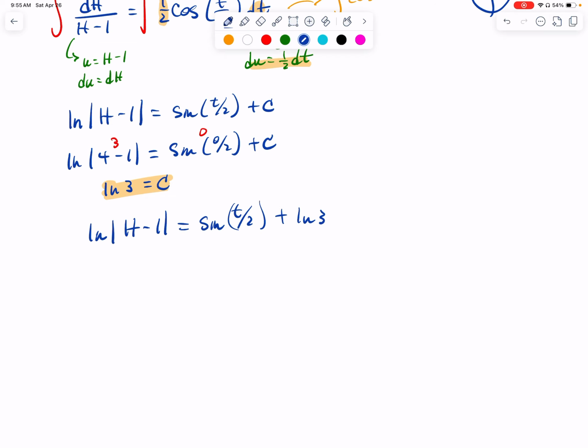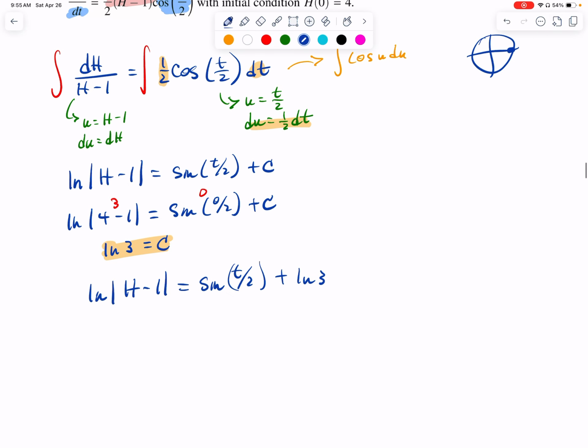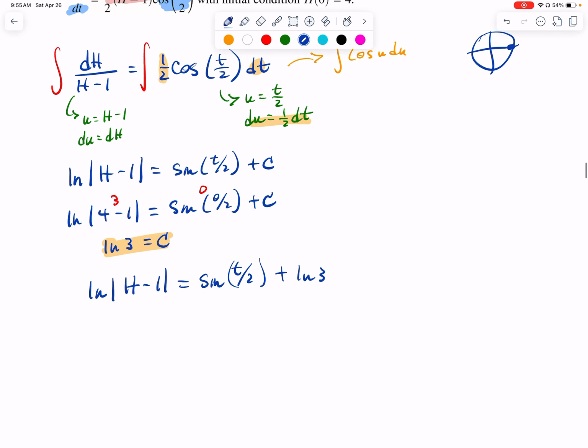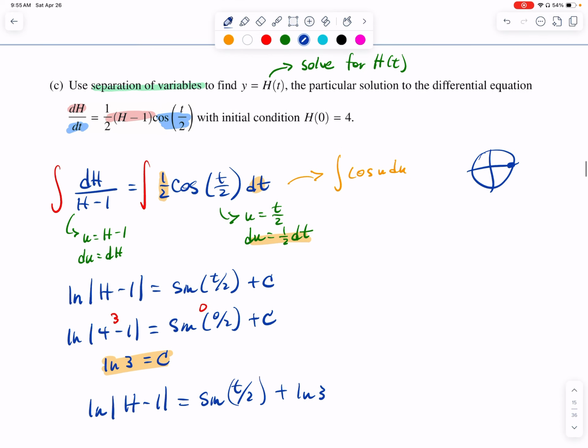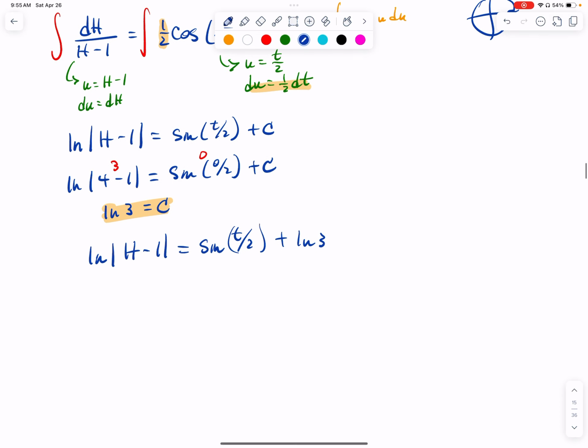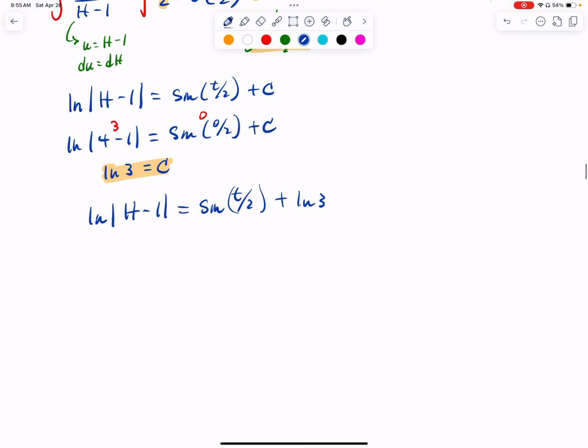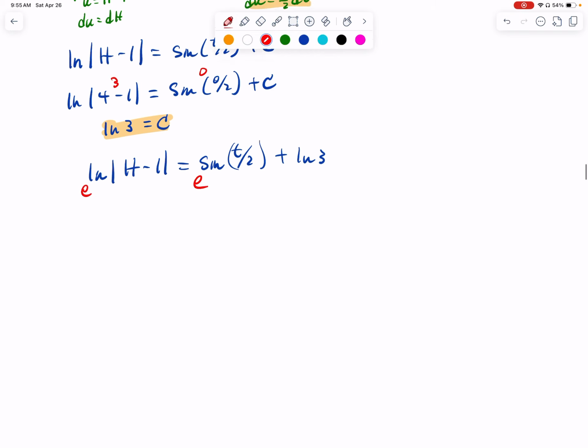Very good. Now I can probably guarantee that you got most of the points already there, and the final point is probably coming from actually isolating, getting the expression which isolates the h. So how do I get h out of the natural log? I have to exponentiate, of course. Exponentiate both sides.